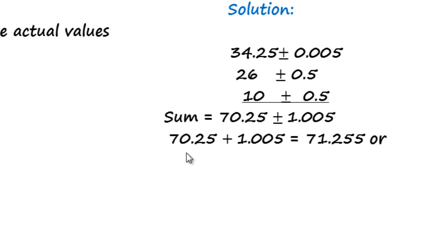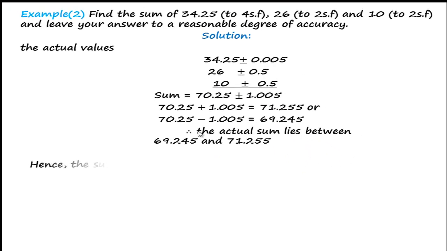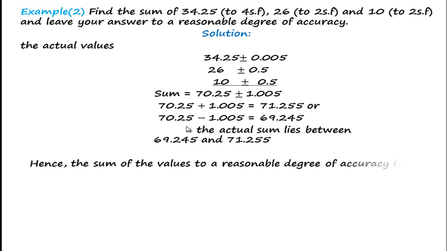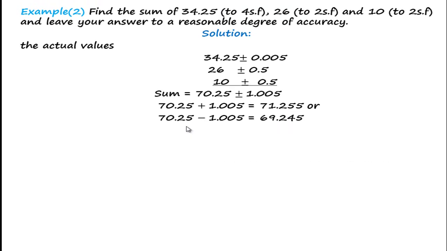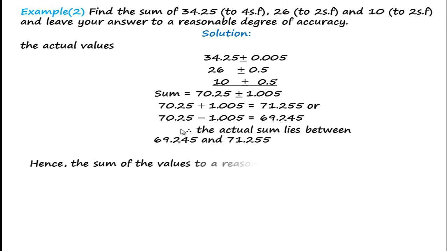So the first one is 70.25 plus 1.005, which is now going to be 71.255, or 70.25 minus 1.005. You know it's plus or minus, which is now going to be, when you subtract, 69.245.